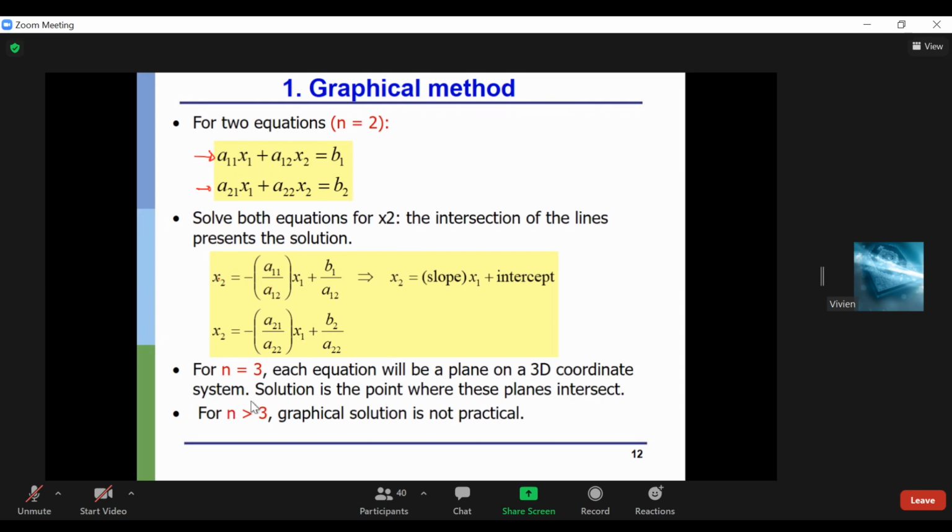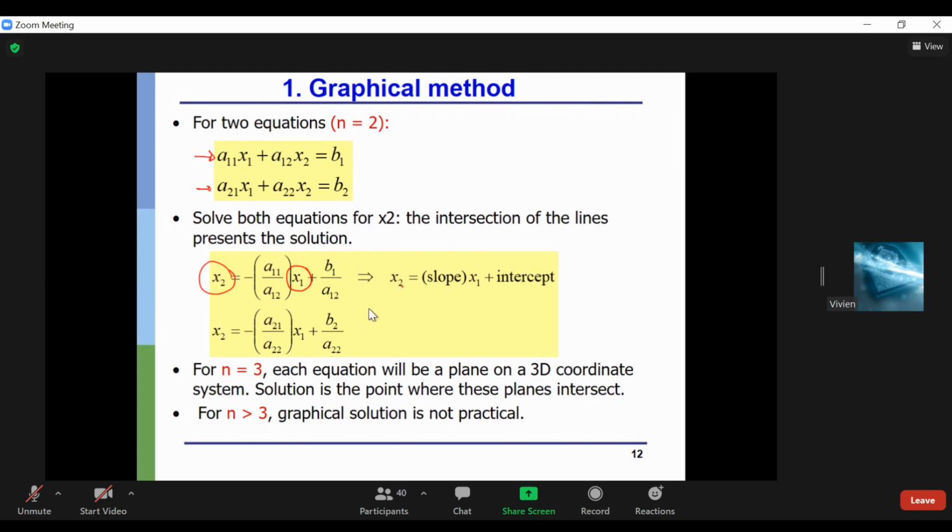We reconstruct the equations so that we have the second variable as a function of the first variable. We take x2 here, and x1 we move to the right hand side, so that becomes negative a11 x1, and then we divide all of them by the coefficient of x2, which is a12.